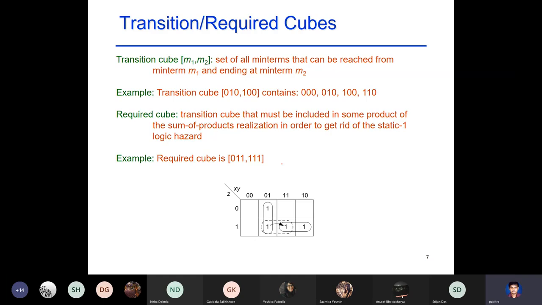Let me quickly review. A transition cube M1, M2 is the set of all minterms that can be traversed starting from M1 and ending at M2. A required cube is a transition cube that must be included in one of the products in the sum of product realization in order to avoid a static 1 logic hazard.